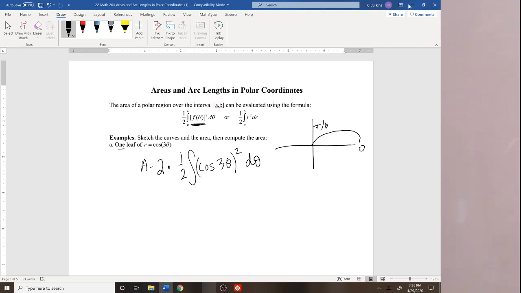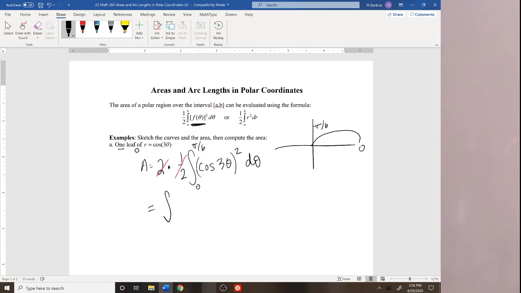Anybody remember how to integrate cosine squared? So yeah, we need an identity.